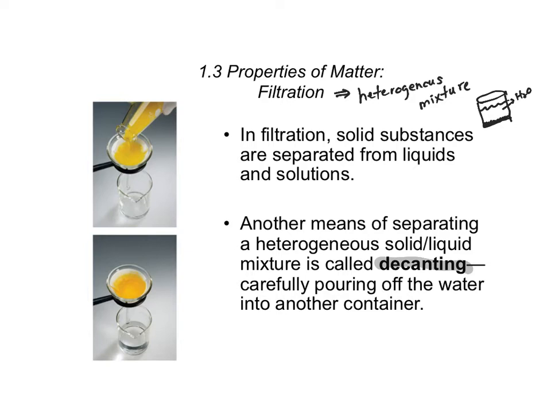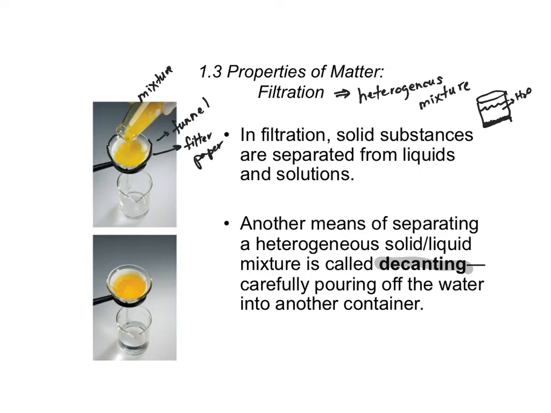Okay, so in filtration, we will have our mixture. Again, this is a heterogeneous mixture, so usually this is good for separating a solid from a liquid. Okay, and what we'll do is we'll set up something that is called a funnel. So this guy is a nice little funnel, and in that funnel, we will put something that is called filter paper. Okay, this is very similar to a coffee filter.